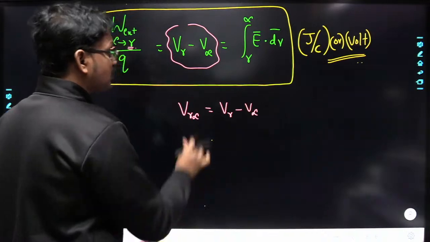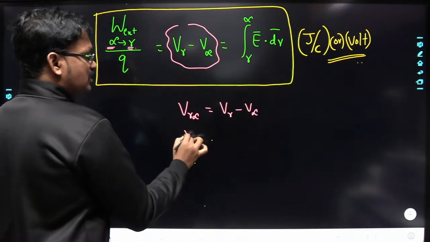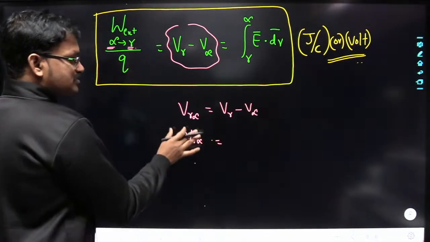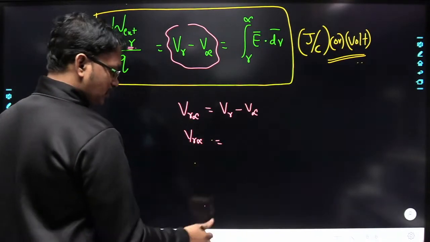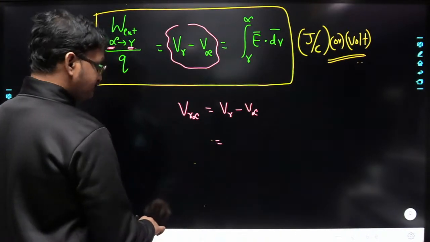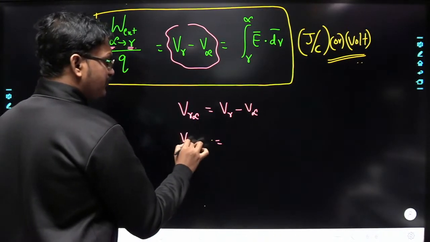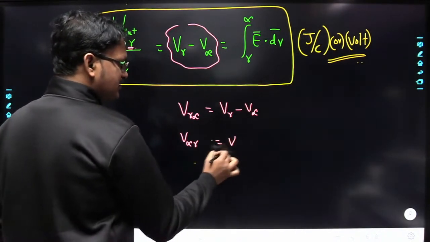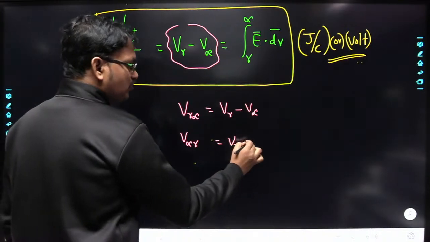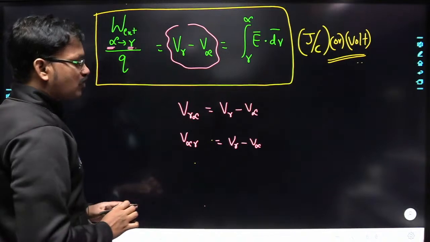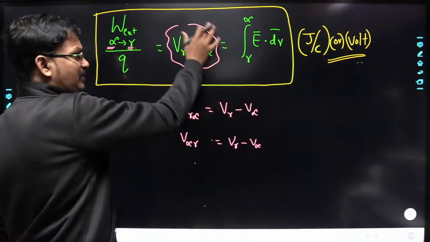In some books they will write this as V infinity R, and still write VR minus V infinity.